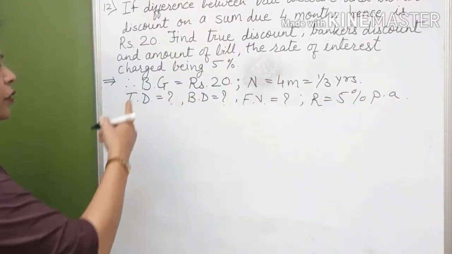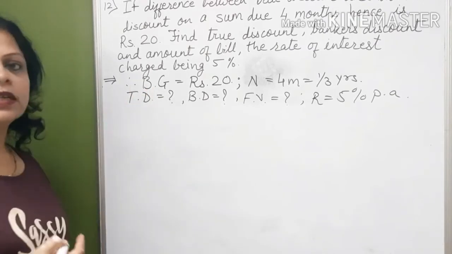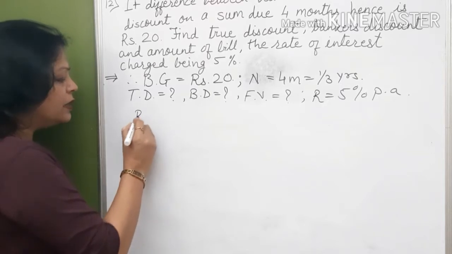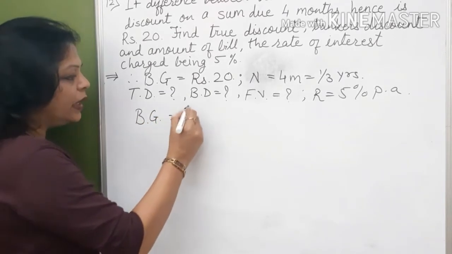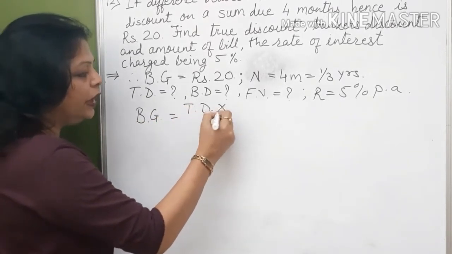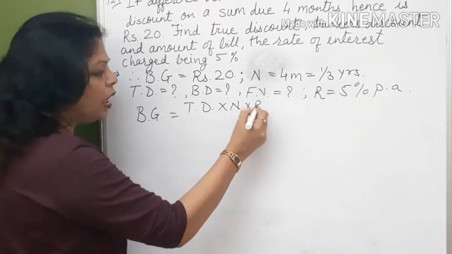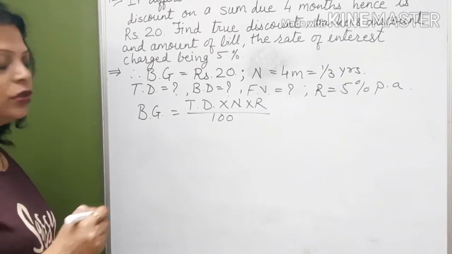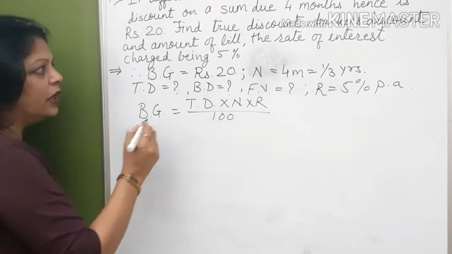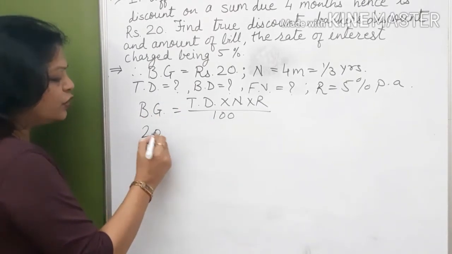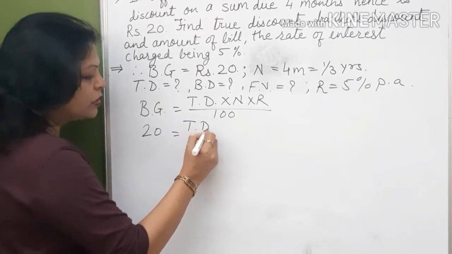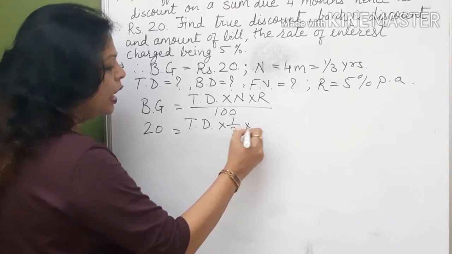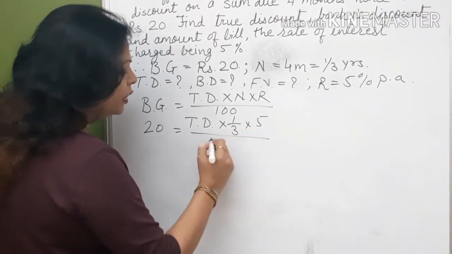Fine. Now we know that this banker's gain is also calculated on the true discount. So banker's gain can also be written as true discount into N into R upon 100. Now let us substitute the values. Banker's gain is 20, true discount we have to find, N is 1/3, R is 5 upon 100.